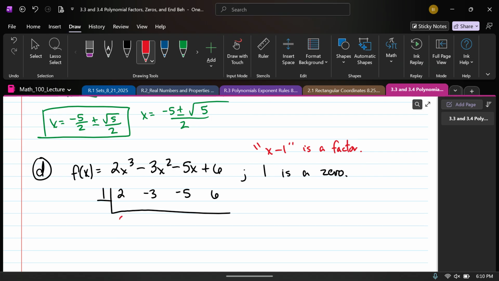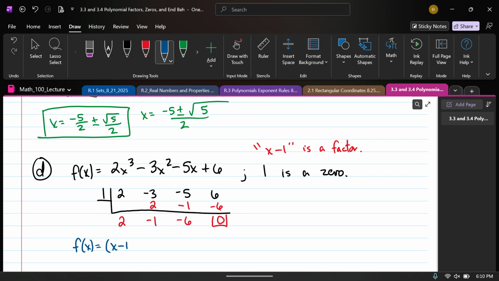So I'm going to run that through. 2, be -1, that's -1, that's -6, and there's -6. There's a 0. Yeah, it worked out. Great. Now, what does that do as far as the polynomial goes? It breaks it apart. When 1 is a 0, the factor is x minus 1.